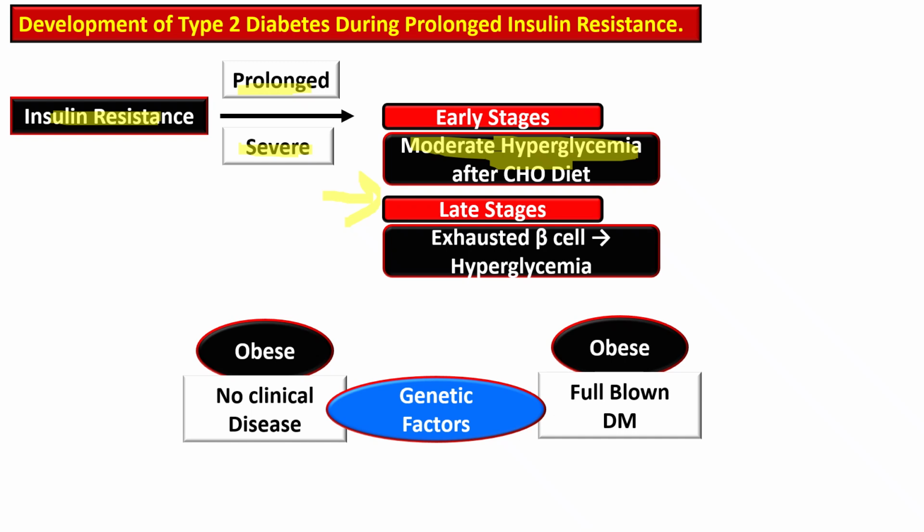So some obese individuals with insulin resistance never develop type 2 diabetes due to resilient pancreatic beta cells, while others progress to diabetes as their beta cells fail, often influenced by genetic and environmental factors.